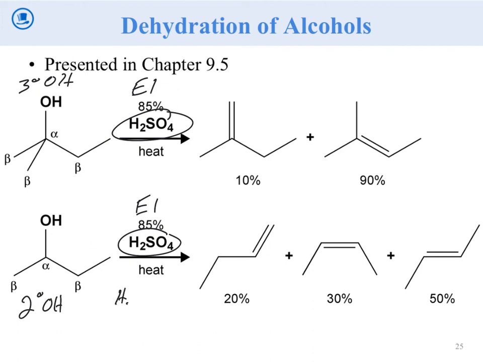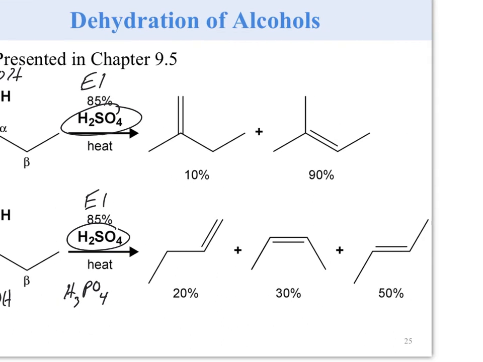So with H3PO4 or any of those things like that where you don't have a Br minus floating around, you're going to get E1, not SN1. So there are a couple sampling problems like this, so make sure you remember those E1 principles.